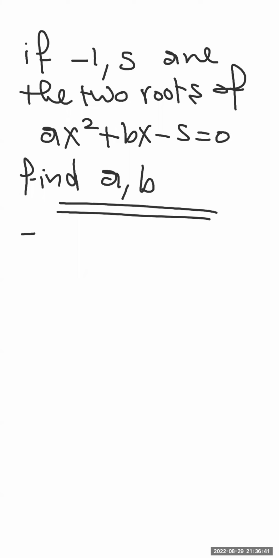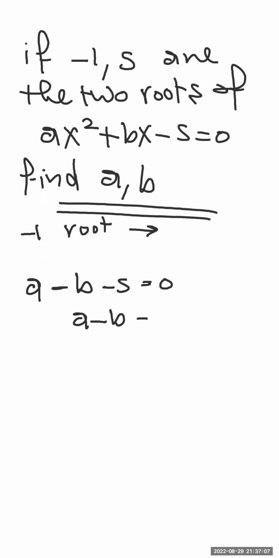Negative 1 is a root. Therefore, a, because here ax squared, x squared means a times negative 1 squared, so 1. So a, minus here plus bx, so minus 1b, so minus b minus 5 will equal 0. So I will get equation a minus b equals 5.